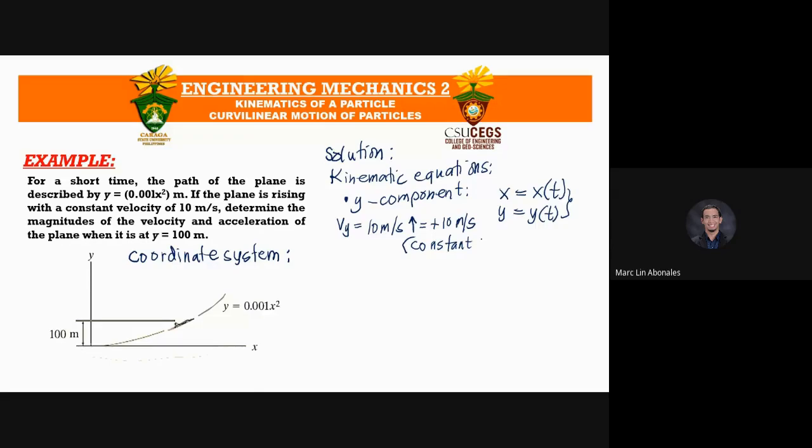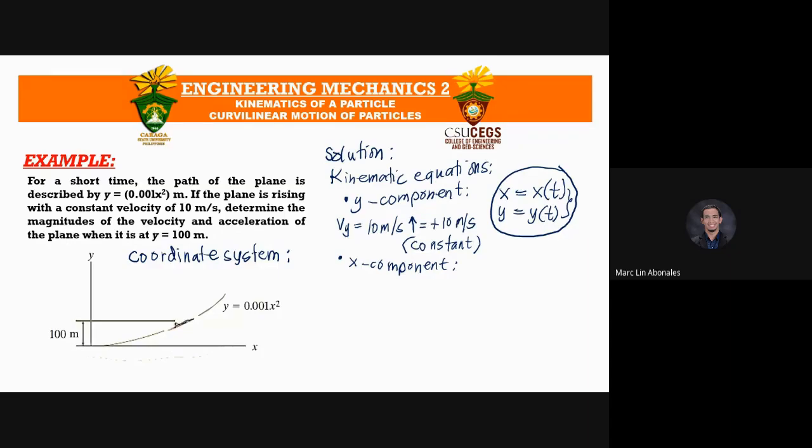For the x component, we need to determine the value of Vx. Like what I said earlier, we don't have an equation that is a function of time. It's only the path of the plane that is described by y is equal to 0.001 x squared. So what we will do is use the chain rule of calculus.